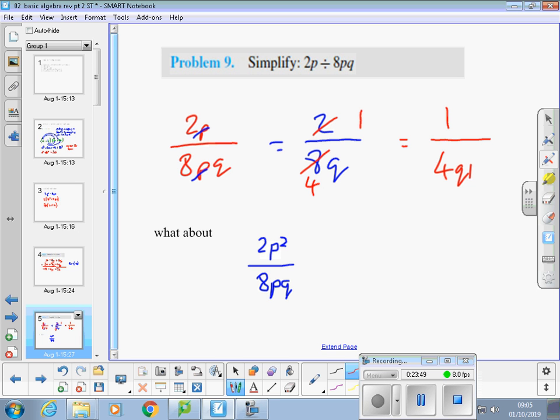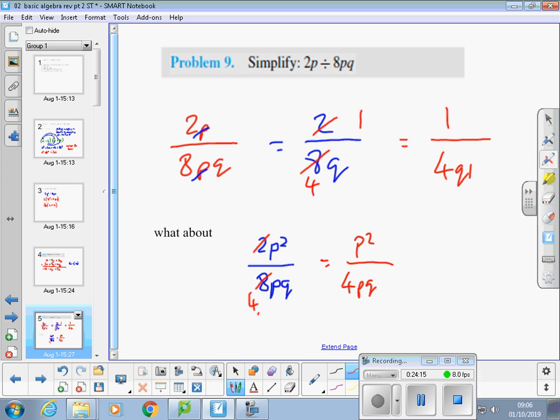What about 2p squared over 8pq? Again, the numbers can be reduced, so it becomes p squared over 4pq.